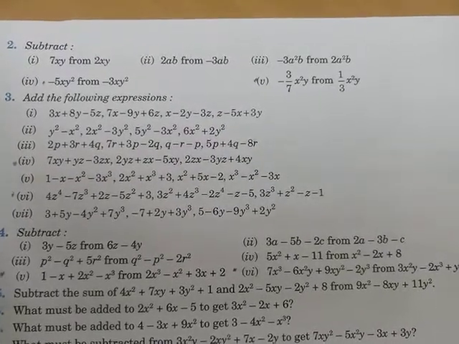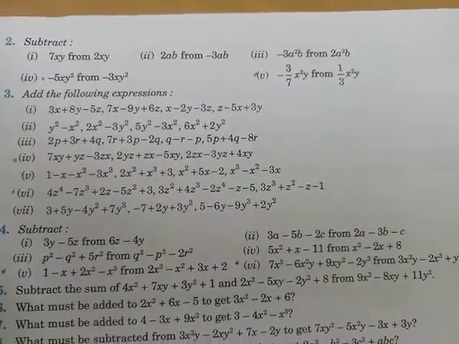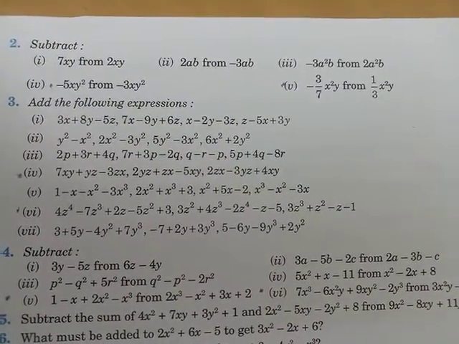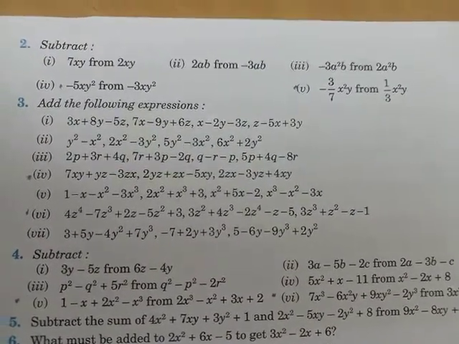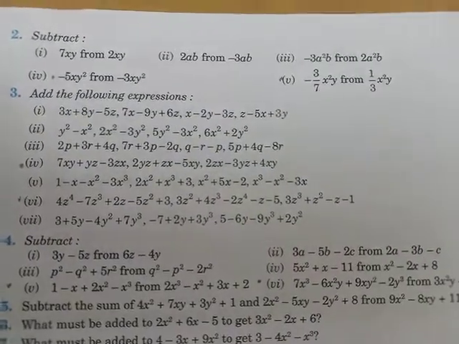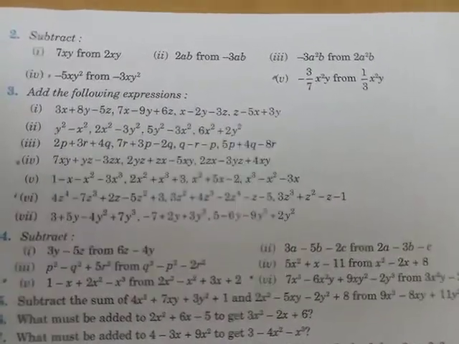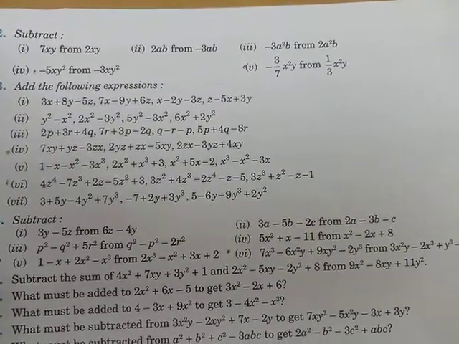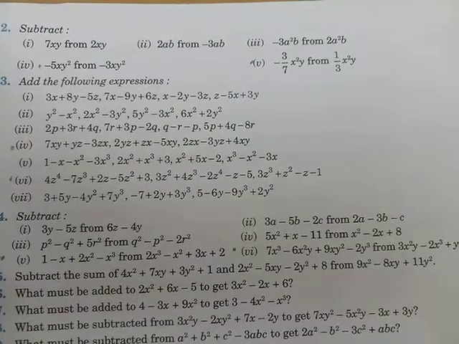Now we come to question number 2. Question number 2, they are saying subtract 7xy from 2xy. So I told you in the first chapter also, whenever we are subtracting, we need to write the order of the subtraction correctly. How we write the order?